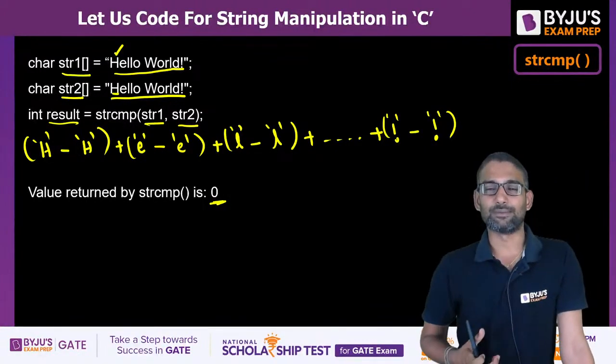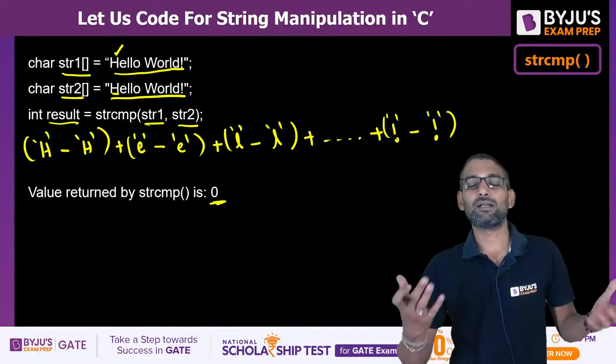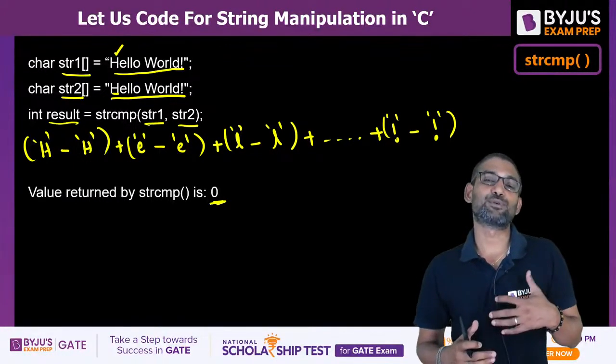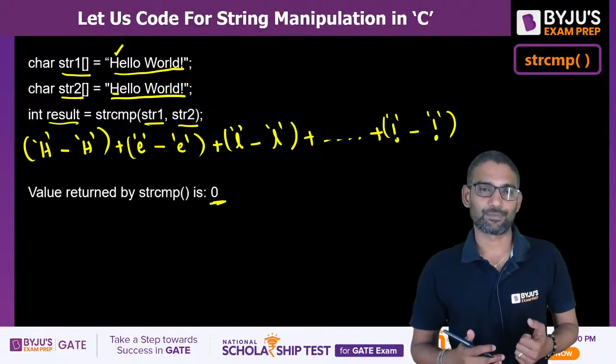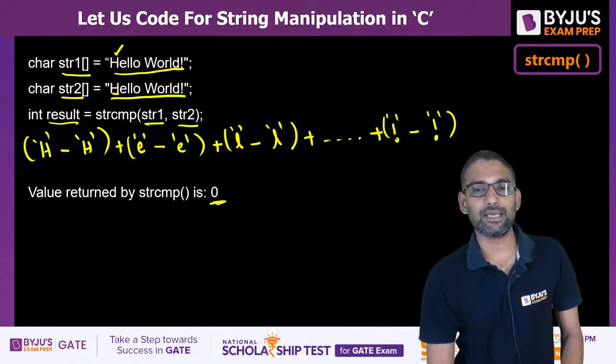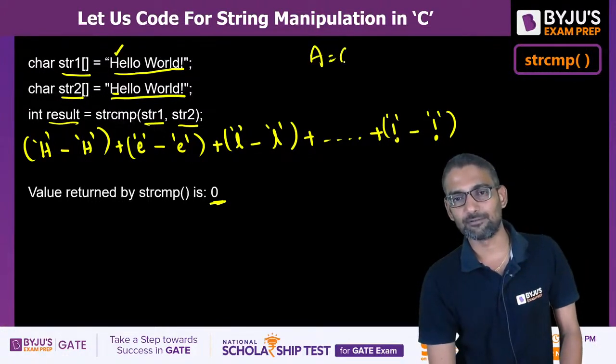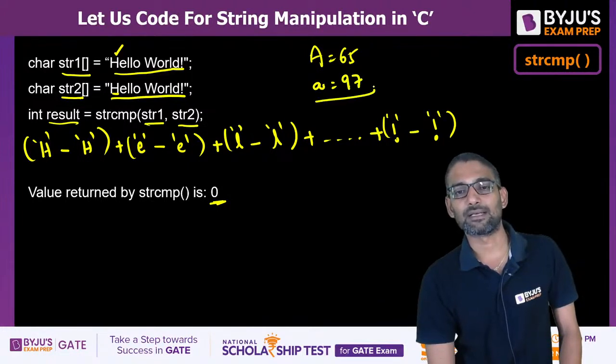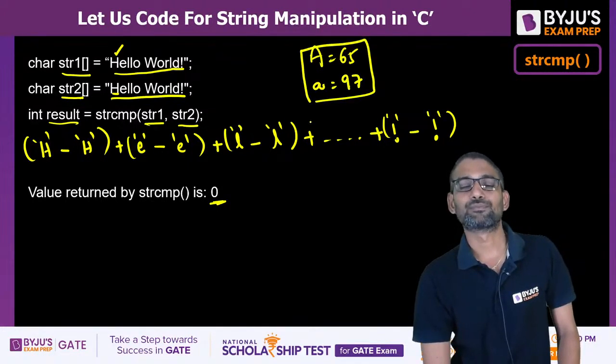Will it be performed in this way? No, actually. They are internally mapped to their ASCII values. Capital A has ASCII value 65, small a has ASCII value 97. At least remember these two.